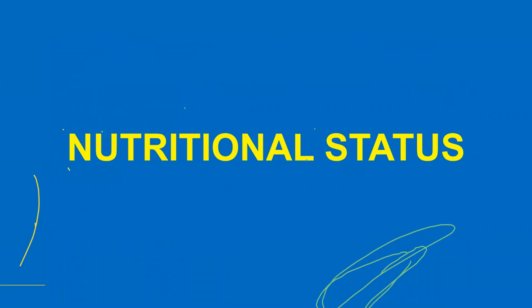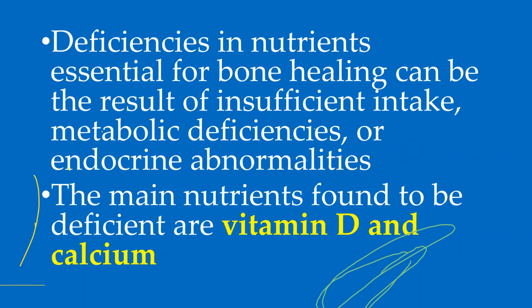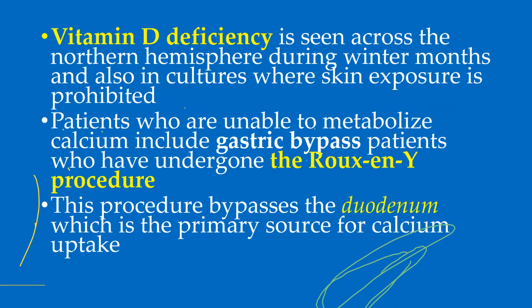Nutritional status. Deficiencies in nutrients essential for bone healing can be the result of insufficient intake, metabolic deficiencies, or endocrine abnormalities. The main nutrients found to be deficient are vitamin D and calcium. This is important.